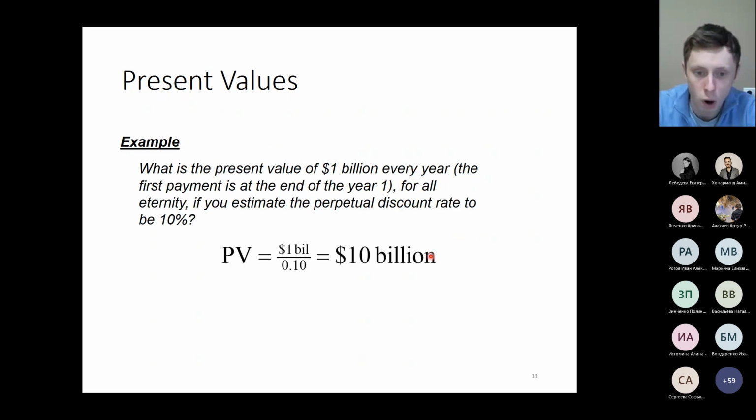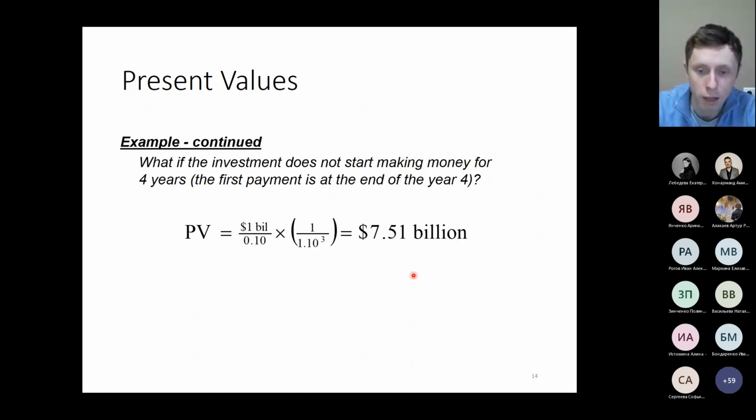And this one minus this one, what would it give us? Payments in the first 3 years. But good start.